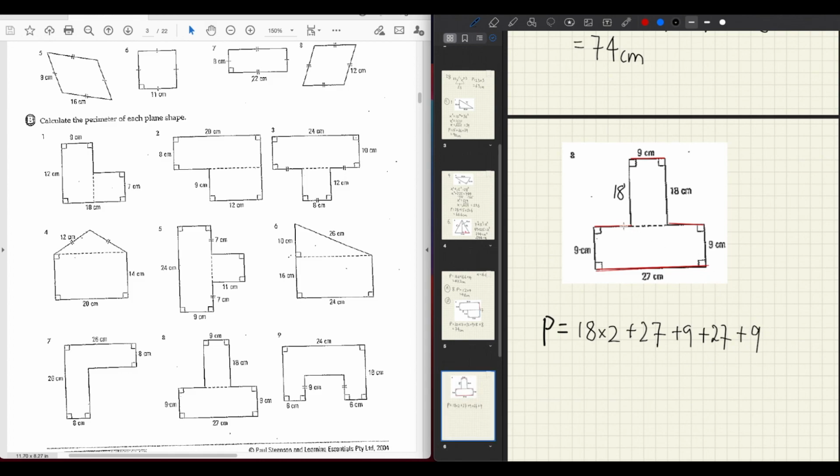So for this question, we don't actually need to know the length of these 2 sides, we just know that the length of these 2 sides plus this side gives you 27. Okay. So with that in mind, just type it all into your calculator and you should get the answer. So you should get 108 centimeters.